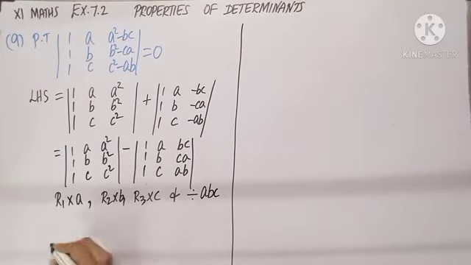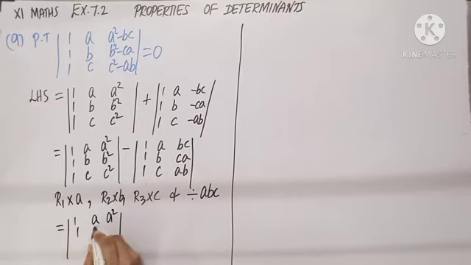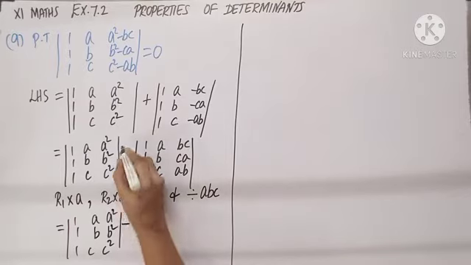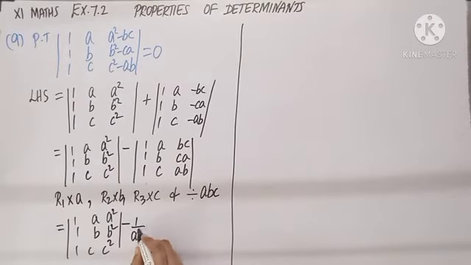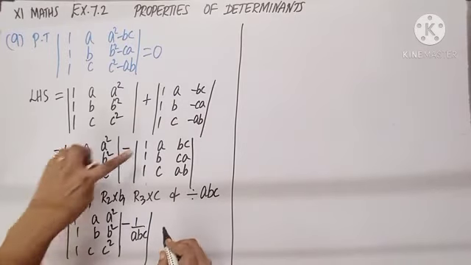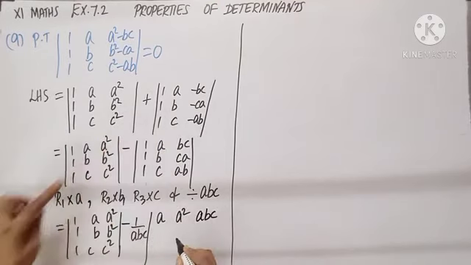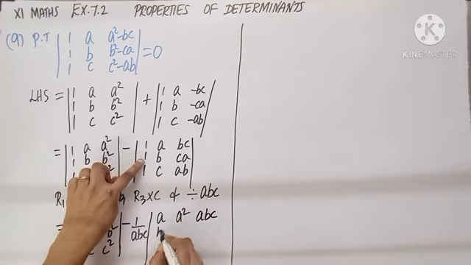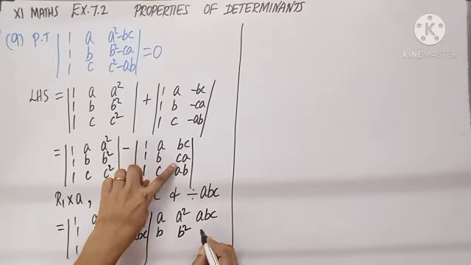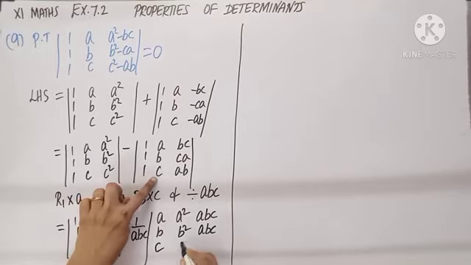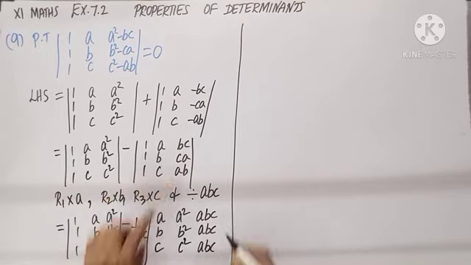As I write it, the first determinant I copy as it is. Second determinant, there is a minus symbol, we divide by abc. First row, multiplying by a: 1, a, a, bc. Second row by b: 1, b, b, ac. Third row by c: 1, c, c, abc.